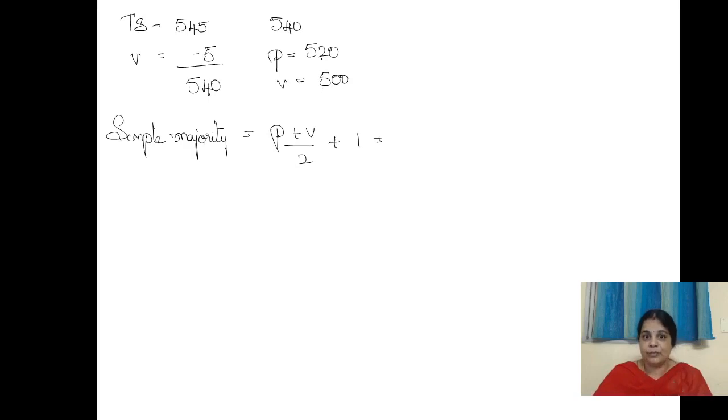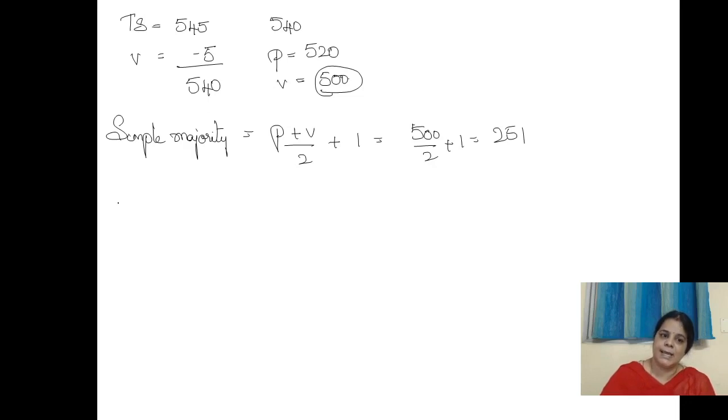It is those people who voted out of the ones who attended. So we are going to take present plus voting as 500, not 520. 500 divided by 2 plus 1 is equal to 251. You need to get 251 votes to pass something with a simple majority.